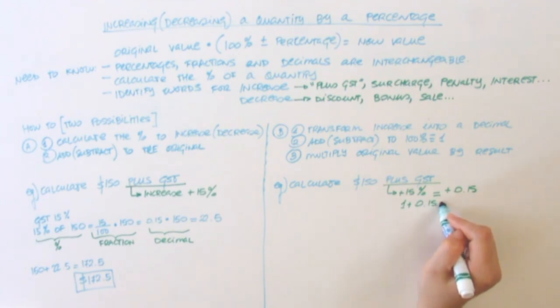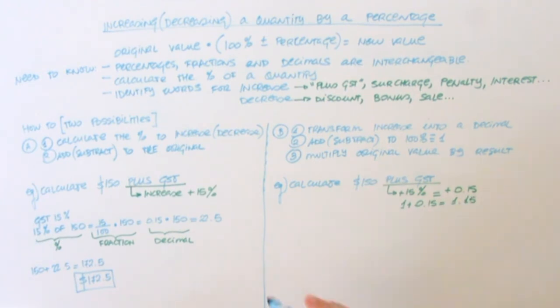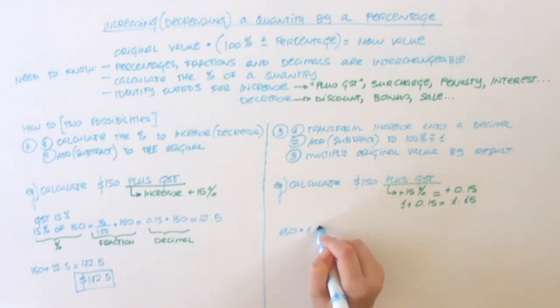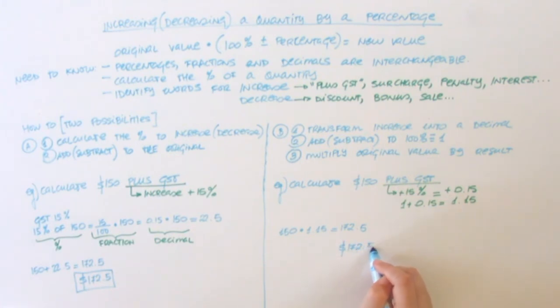If I add 1 plus 0.15, 1.15, I simply need to multiply 150 times 1.15. That gives me 172.5. So again, we're talking about money, so I put in my answer $172.5, and I square it or box it so it's easy to find.